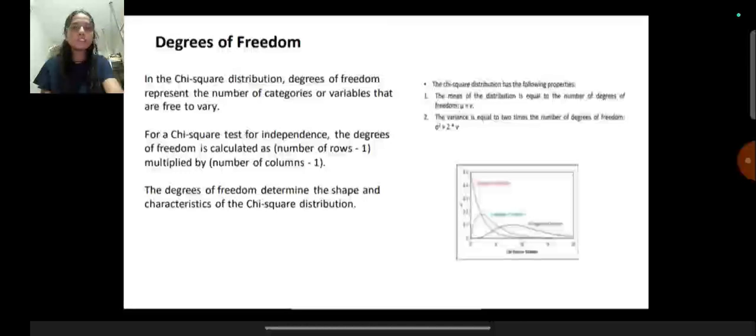The degrees of freedom determines the shape and characteristics of the chi-square distribution. The chi-square distribution has the following properties: the mean of the distribution is equal to the number of degrees of freedom, that is mu equals v. The variance is equal to 2 times the number of degrees of freedom, that is 2v. This is about the degrees of freedom.